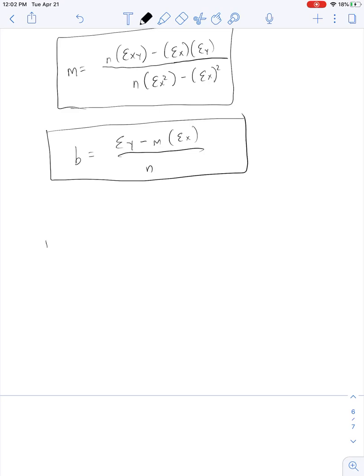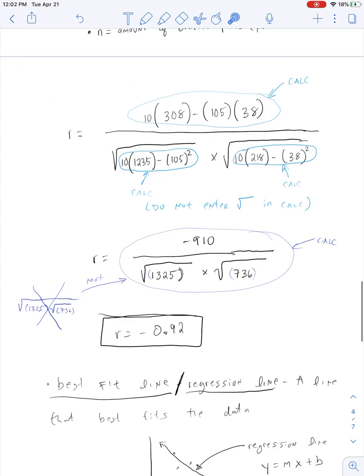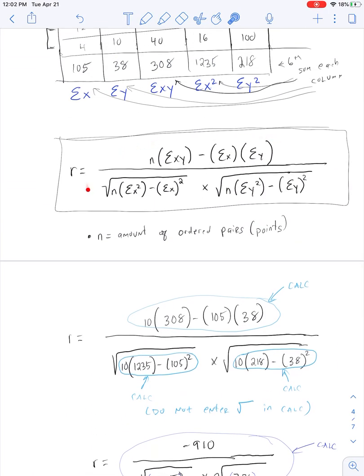So let's start by finding M. M is N times, all right, we have our formula. I won't repeat it again. I know you're thinking, oh, this is a lot of work. But I want you to notice that all of this in our M is really the first parts of our R. These were numbers that we've already calculated.